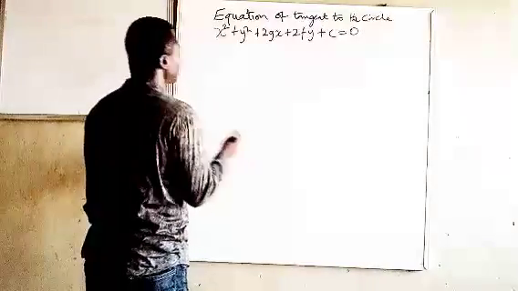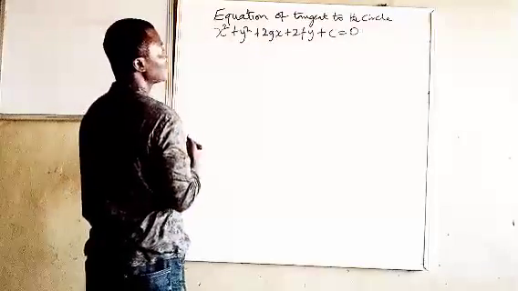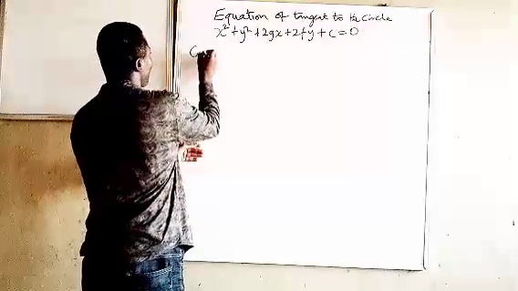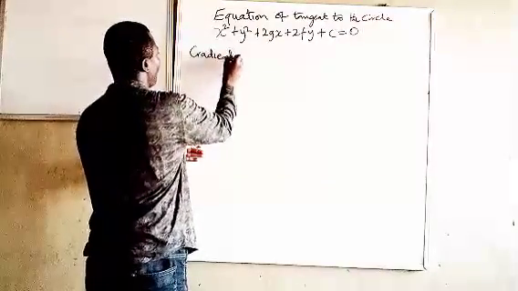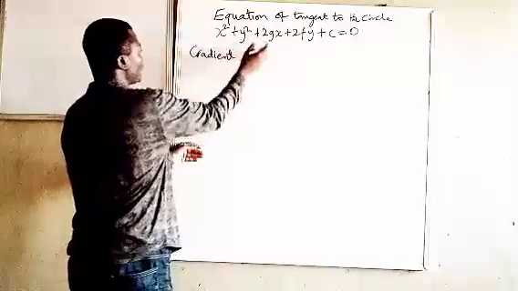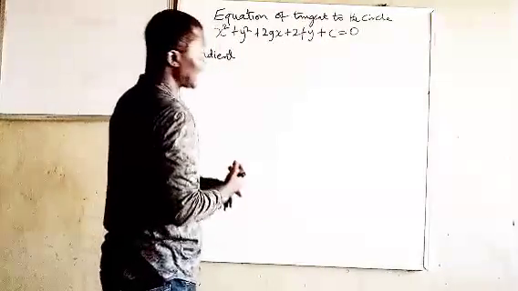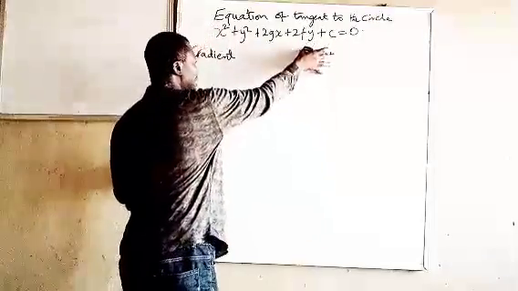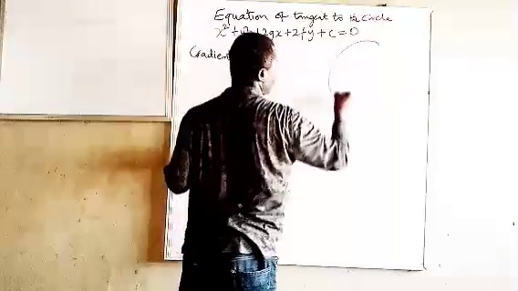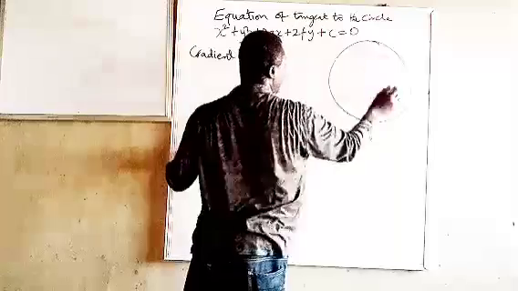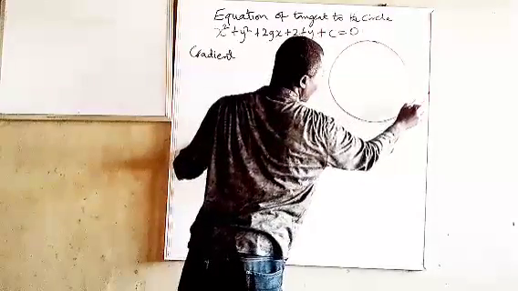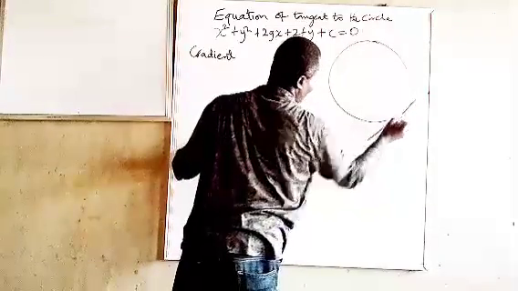Now let's get the gradient of a straight line that will touch the circle at a point.